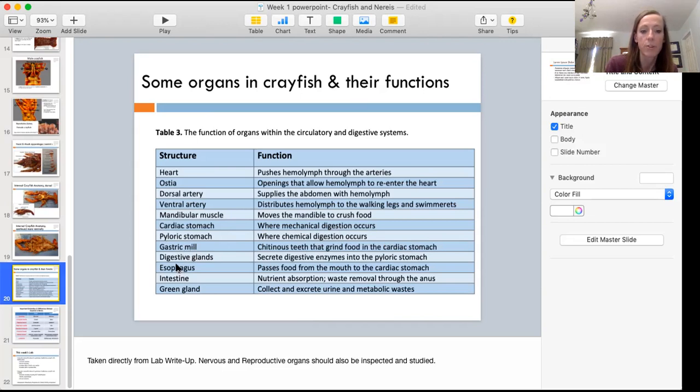And then, of course, the 2 tubes that lead to and from the stomach: allowing food to travel from the mouth to the stomach is the esophagus, and allowing food to travel from the stomach to the anus is the intestine. The intestine also has a role in absorbing nutrients. And then lastly, like I said, the green gland collects and excretes the fluid waste or urine from the crayfish.